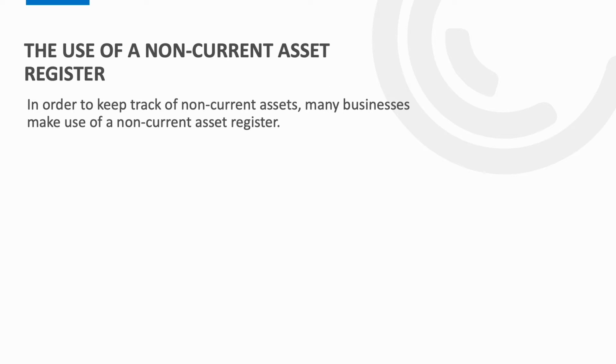This sort of information recorded within the non-current asset register could include such things as the asset description or serial number, the date that it was purchased, how much it cost, the method and rate of depreciation, the depreciation charge for the year, carrying amount, how much the asset is effectively worth within our accounts, and the funding method, so how was it bought. Now, if we've disposed of it, that would usually include the disposal date and proceeds as well.